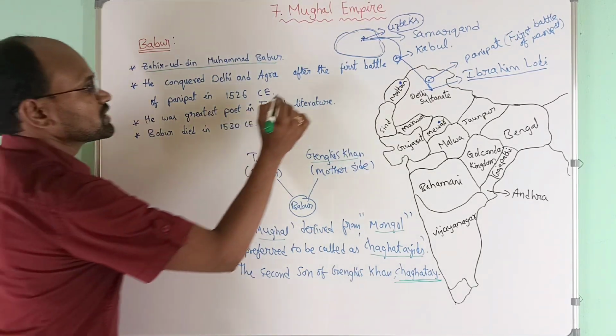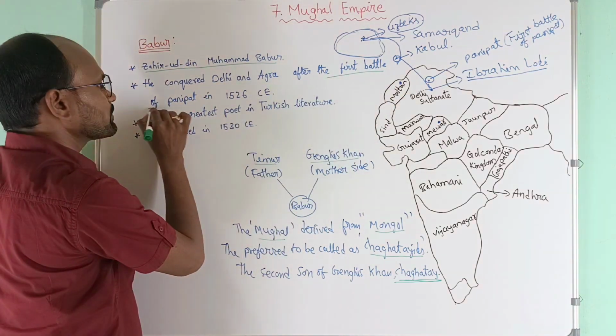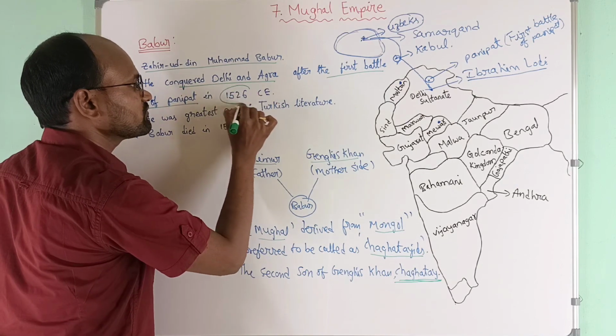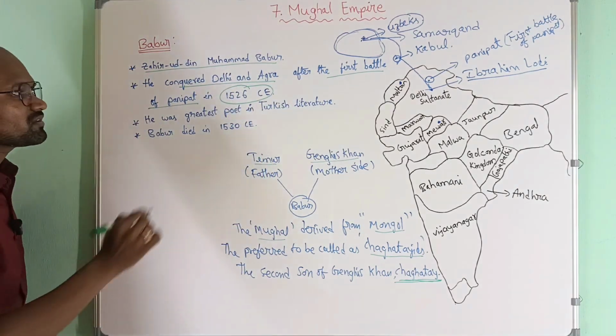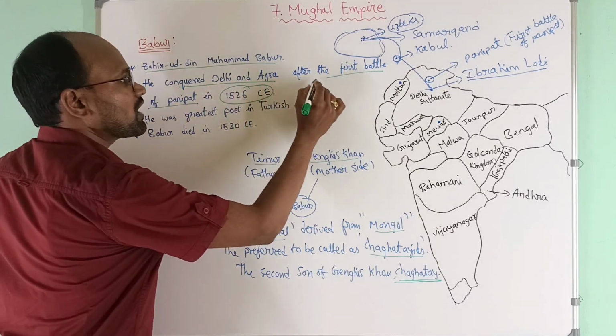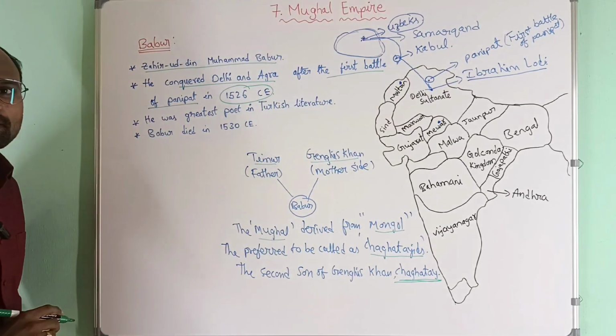In the first battle of Panipat, he conquered Delhi and Agra in the year 1526 CE.